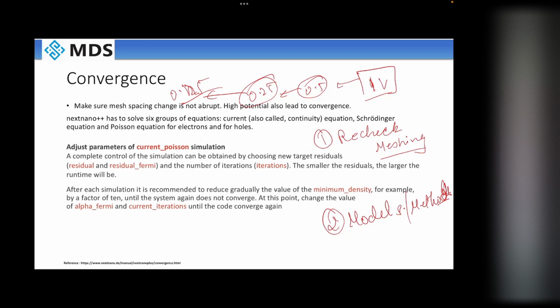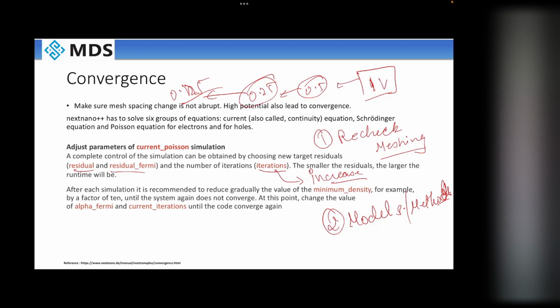Then it comes to the solve section, like the number of iterations and the residual. You can try to increase the number of iterations. If you increase it, then it will try to solve that particular equation multiple times, so in some cases it helps to converge.